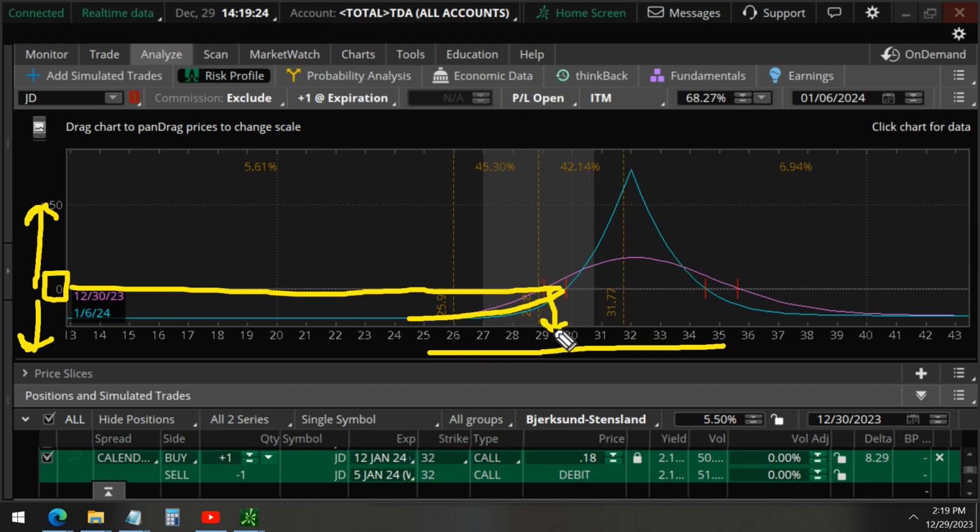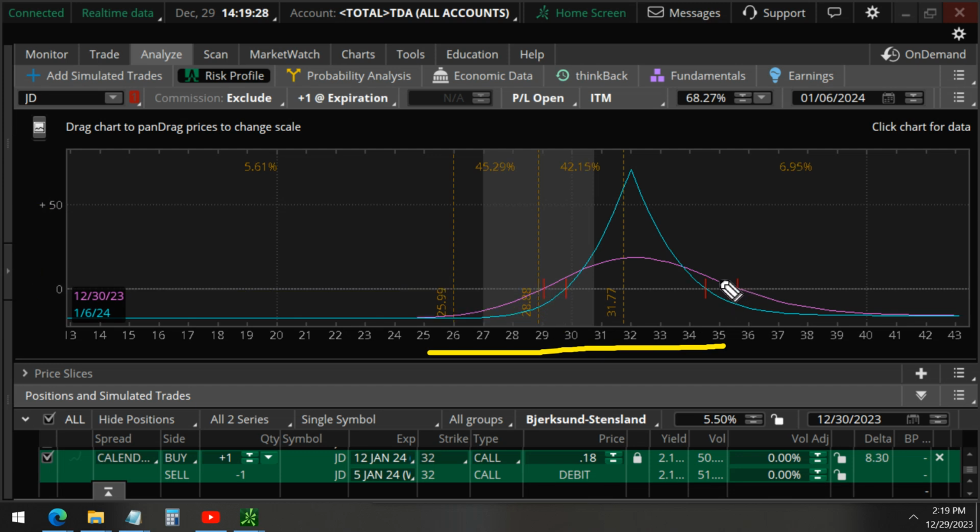But if it increases and stays within the break-evens of this calendar spread, you can see the break-even at expiration is here and here. This trade would be profitable. Okay, so that's around $29.74 and $34.57. So this trader who spent $252,000 is targeting this $32 for this max profit.